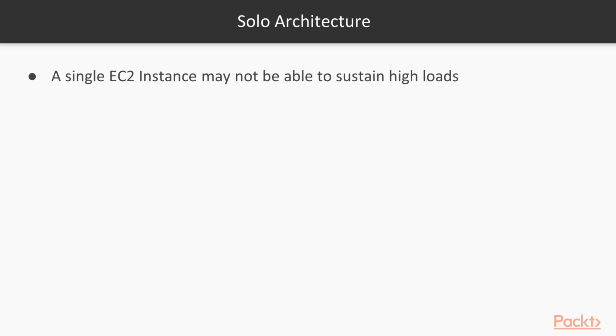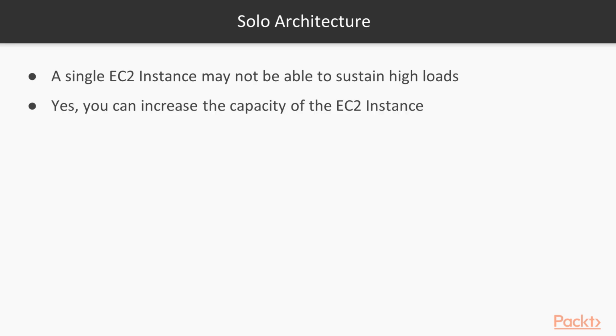Now, one solution to this is that you can increase the underlying capacity of the instance. So let's say you spun up an instance which has 2 CPU and let's say 4 GB of memory. You then see that the instance is becoming a bottleneck in terms of performance. In AWS, you can increase the instance type.